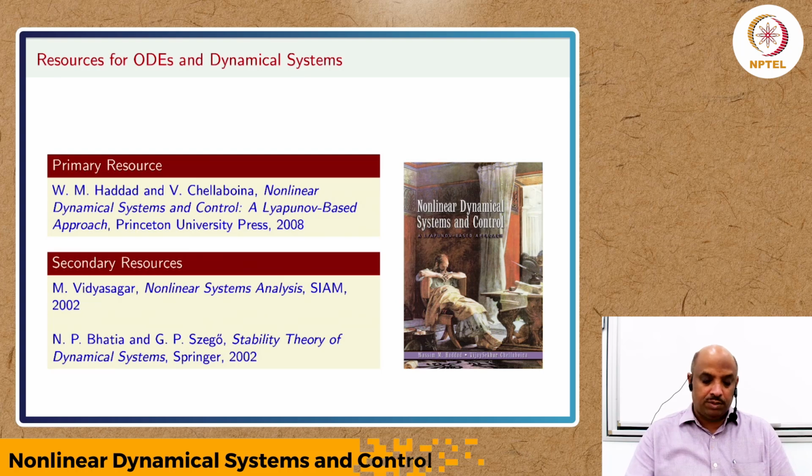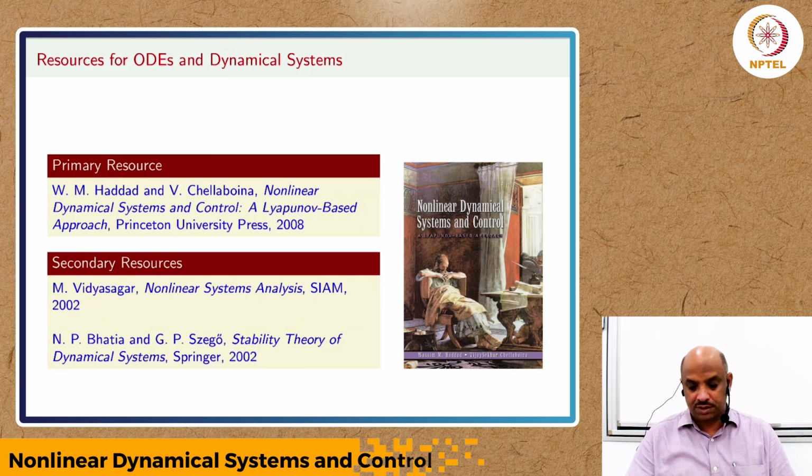So before we do that, much of the material for this particular course is inspired by a book co-authored by Haddad and Chellaboina, 2008 edition of Nonlinear Dynamical Systems and Control. It's a Princeton University Press publication. And of course, if you want some additional material on these topics, either ordinary differential equations or stability theory that will come in later weeks, I suggest these two excellent books, one by Professor Vidyasagar, Nonlinear Systems Analysis.